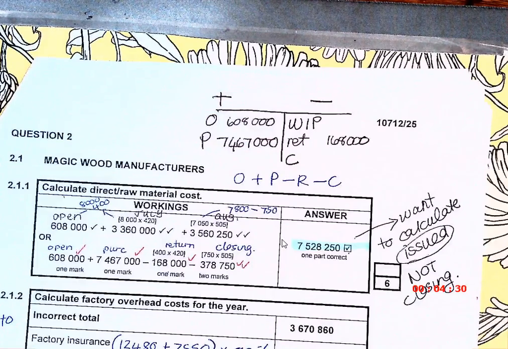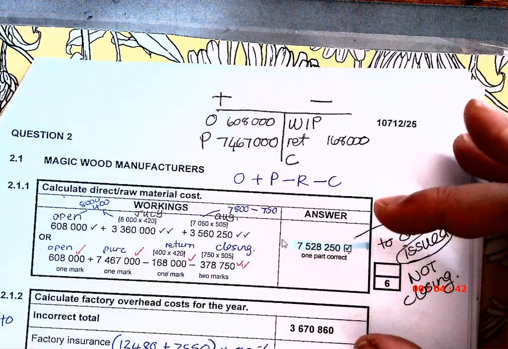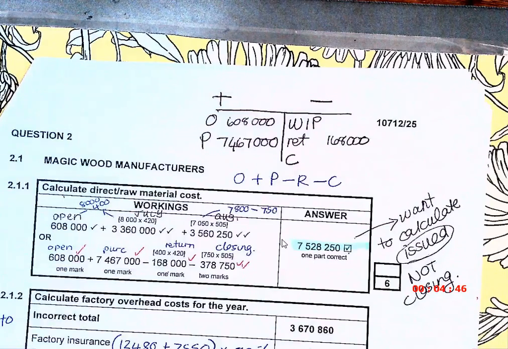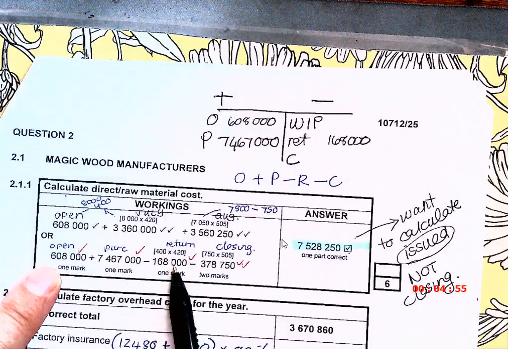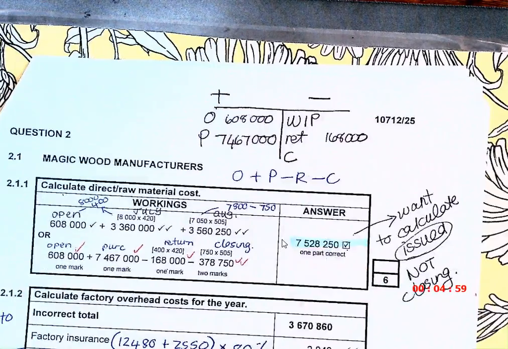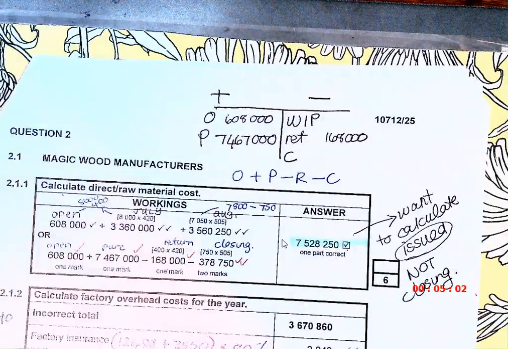Because the secret with this type of question, where you have to work out stuff in weird ways, is they actually use your basic method and they give you the answer to the basic method, and you have to calculate one of the components. So let's see which ones I can fit in. So I've got all of that, right? Now I just need the closing balance. Now the closing balance is my FIFO.